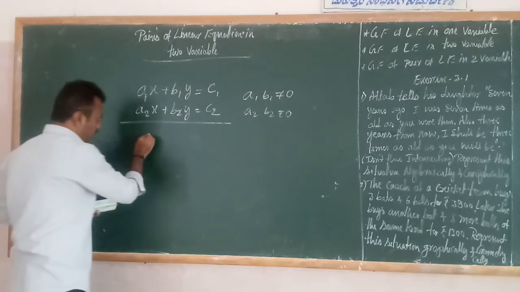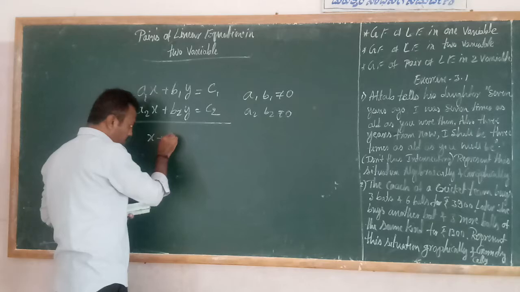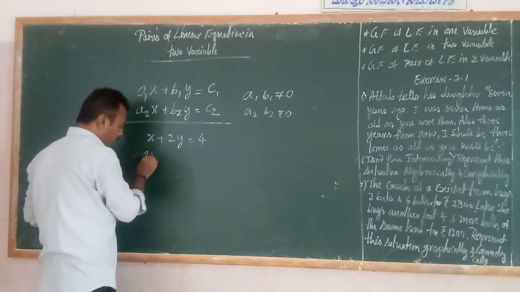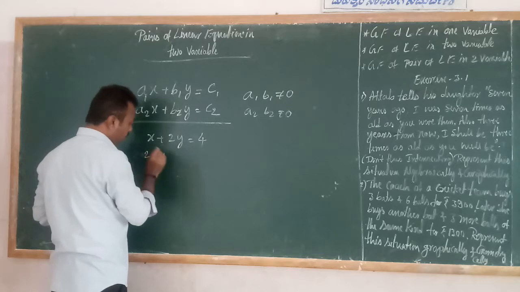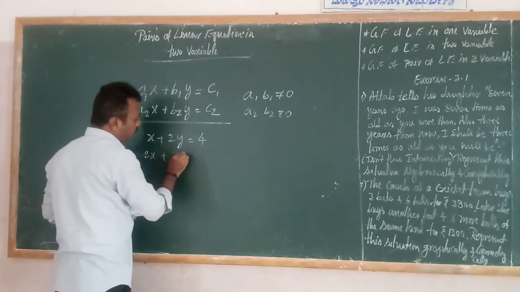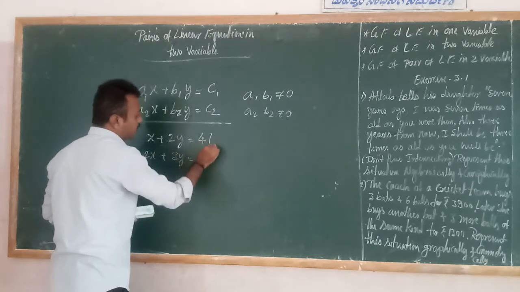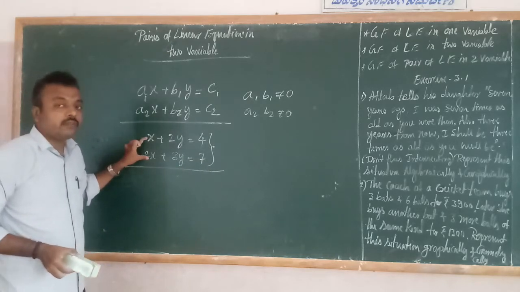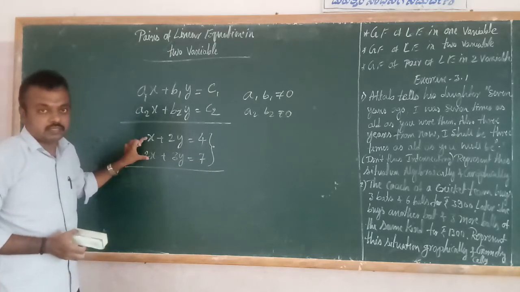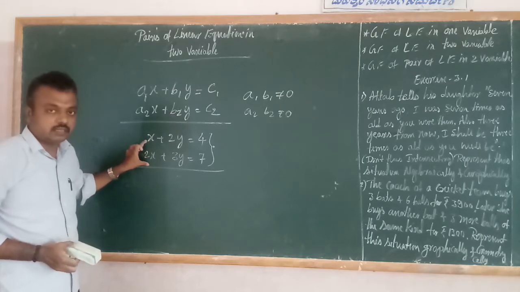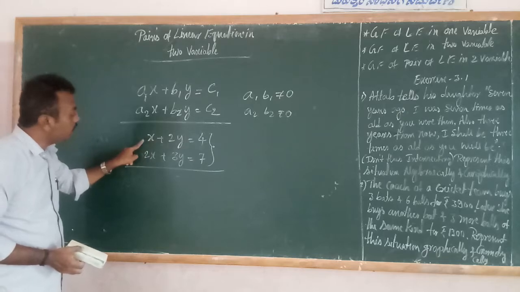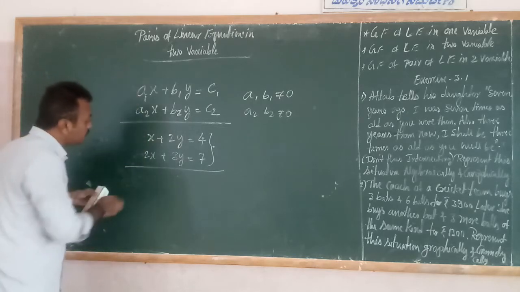See, I will give an example. x plus 2y is equal to 4 and 2x plus 3y is equal to 7. These two are a pair of simultaneous linear equations. Understand? Very simple. Here x is there, so what is the value of a1? Nothing is written, so it means 1.